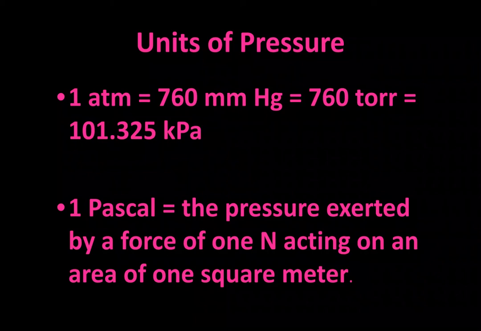So just like kilometer and meter, or kiloliter and liter, if we have 101.325 kilopascals, that would be 101,325 pascals. So again, write these conversions down on your conversion chart. 1 pascal is the pressure exerted by force of a newton acting on 1 square meter.